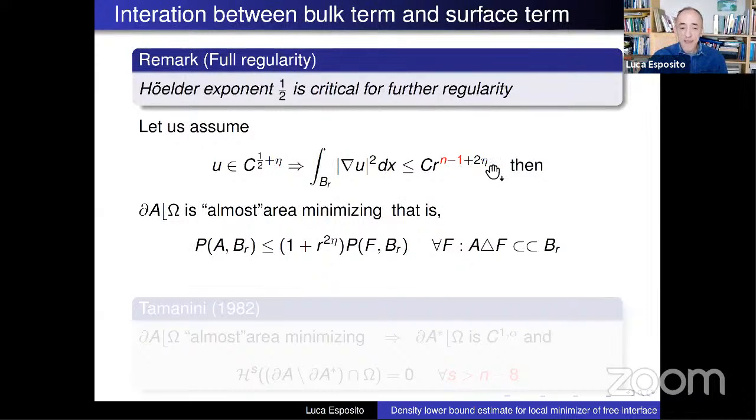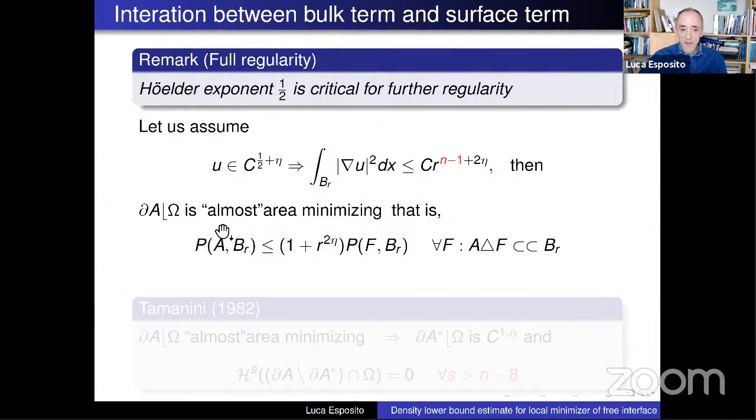And so in this case, this energy decays faster than the perimeter, because the perimeter inside a ball of radius r decays exactly as r to the power n minus 1.